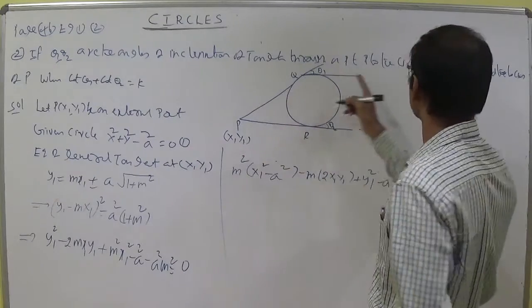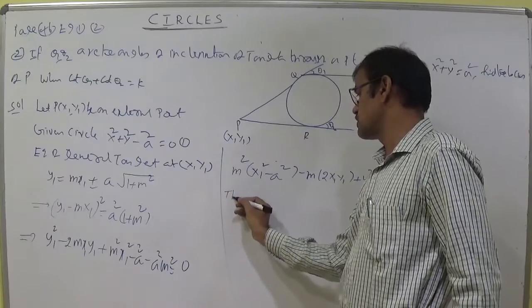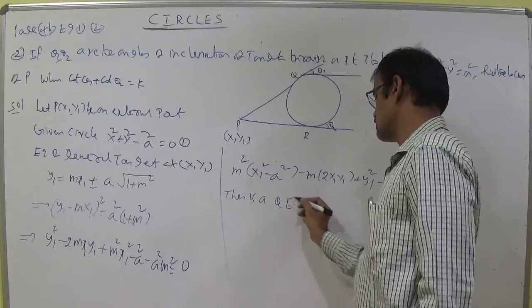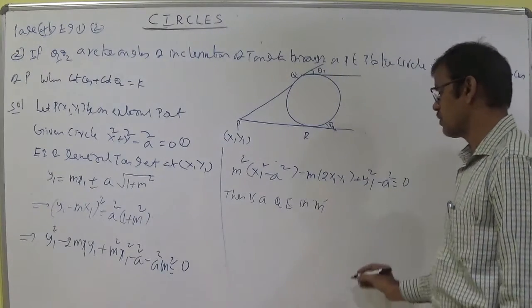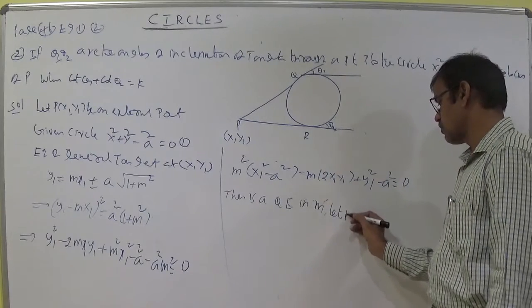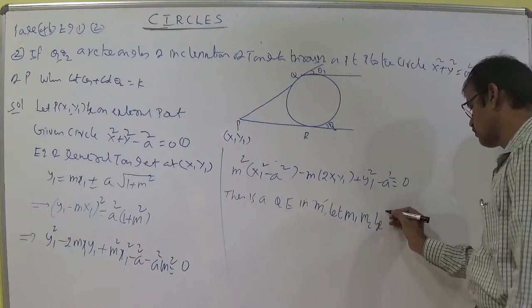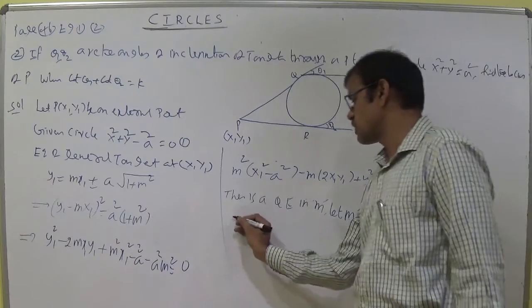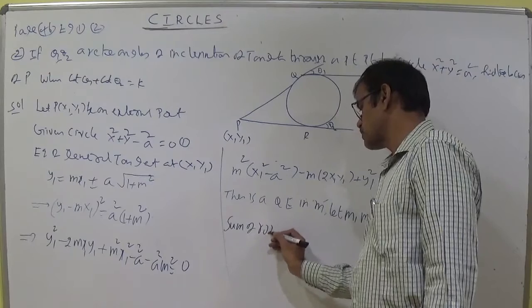What he is asking is the condition cot theta 1 plus cot theta 2 is equal to k. This is a quadratic equation in m. Let m1, m2 be the roots.